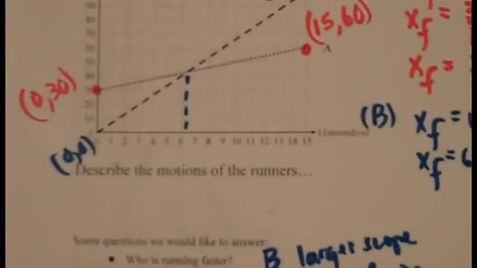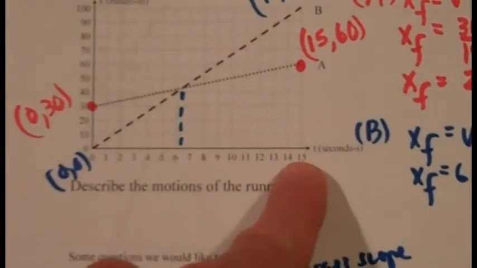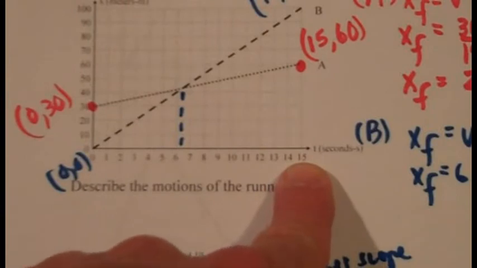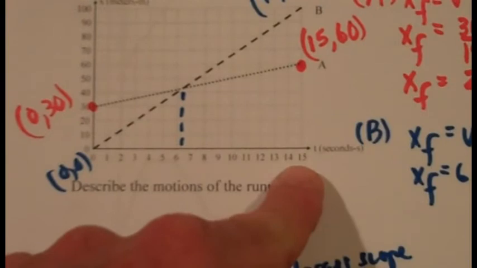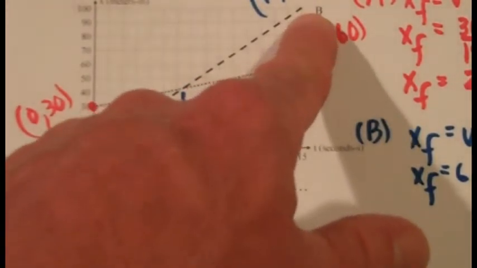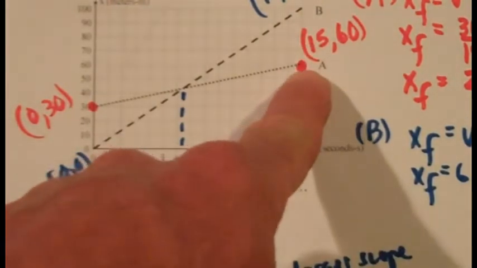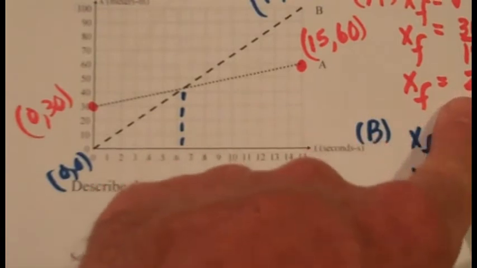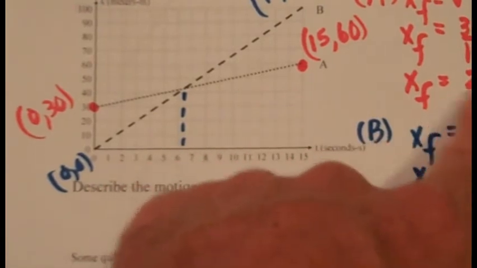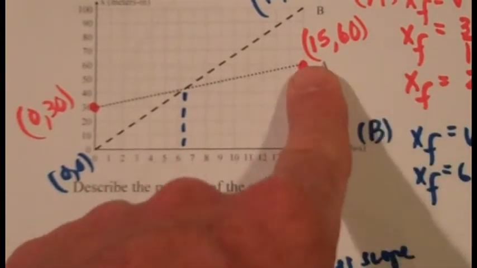So who wins the race? Well, we have to define what the race is. If we say the race is who gets further in 15 seconds, then B gets further, right? B gets to 100 meters, while A gets to 2 times 15 is 30, plus 30 is 60 meters.